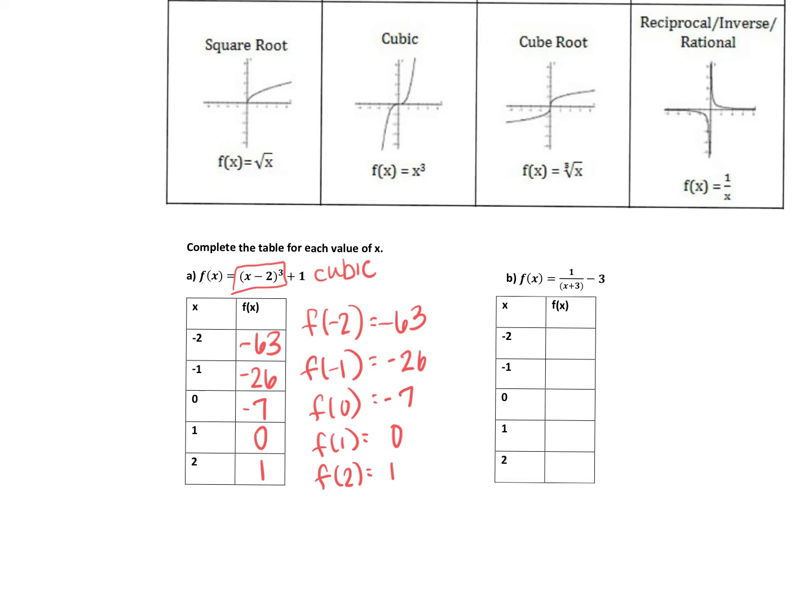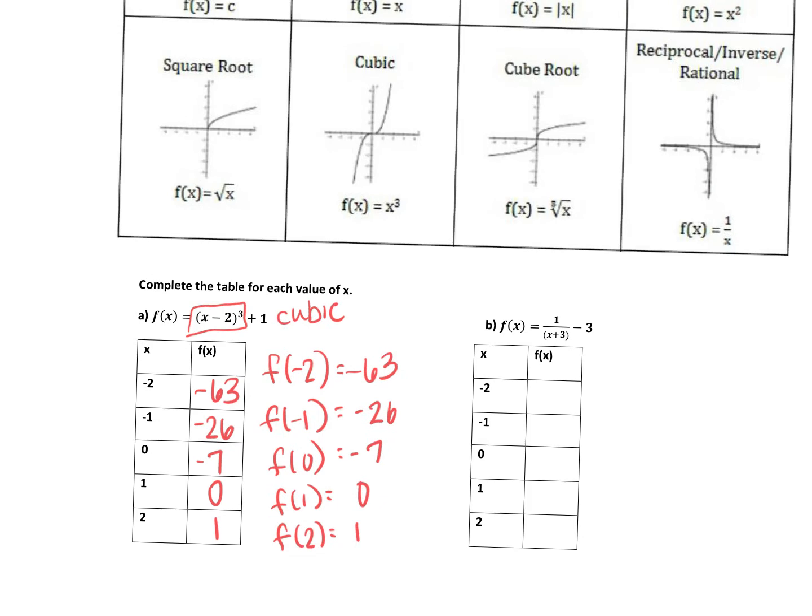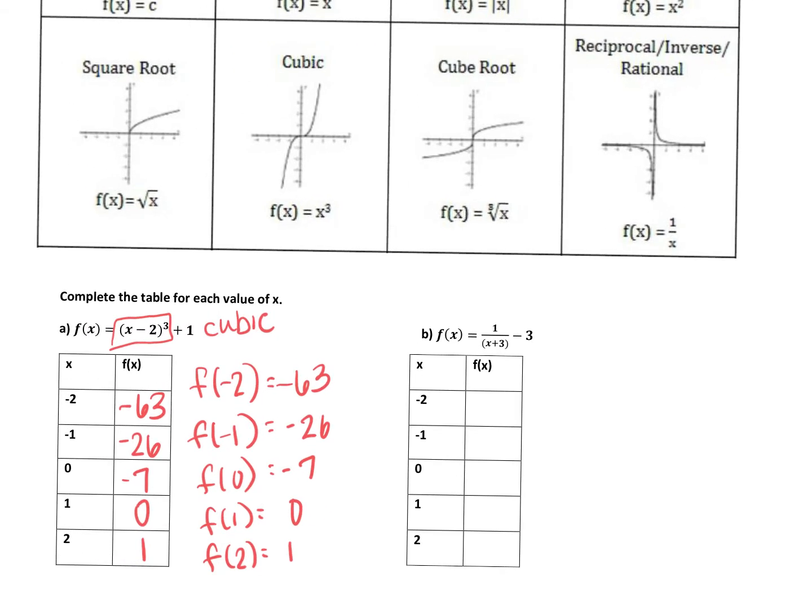And the next one we have, if we look here, we have a fraction. And so the fraction is going to be part of our reciprocal or the rational function. And when we look at this right here, again, we want to evaluate these different numbers. So I'll do f of -2 first.